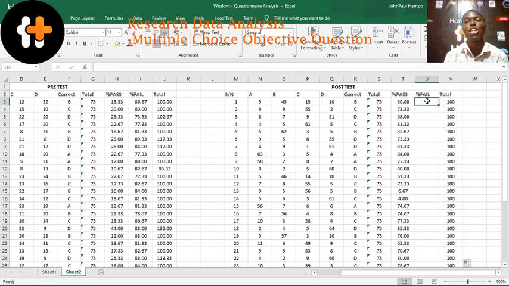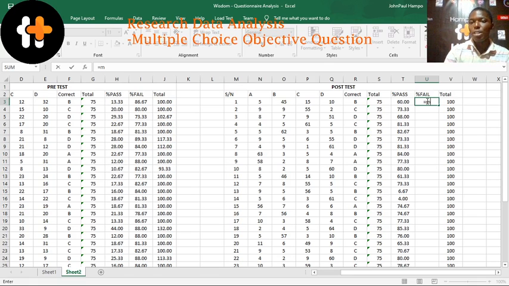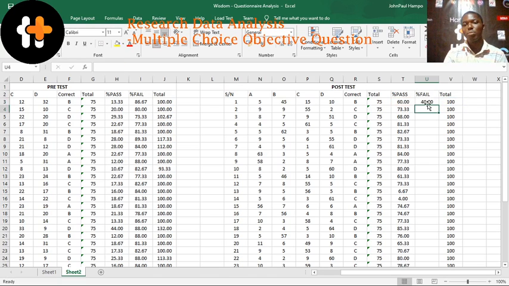Then to get the percentage fail is simply, sorry, I'm trying to get the function. Let me sum this, yes, this minus this, I'll get the percentage of those that fail.